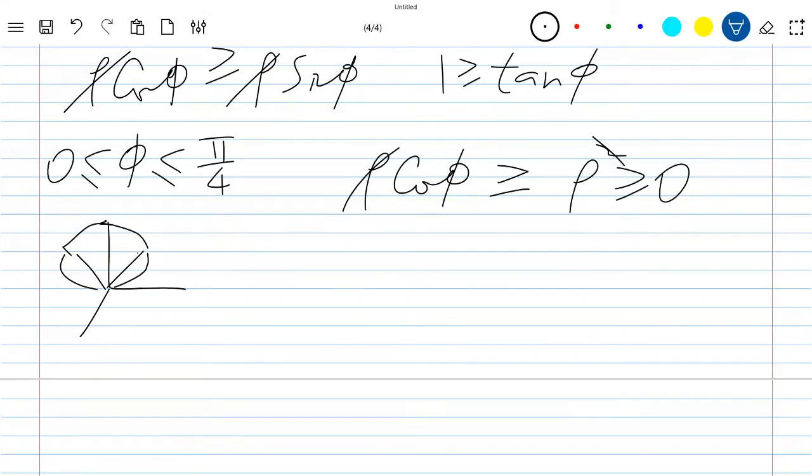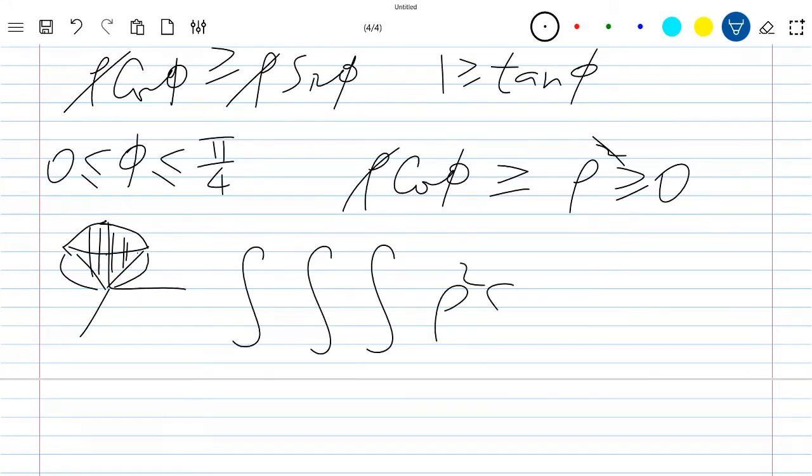Right, that's a circle. It's centered at 1/2. So it's this 3D thing. Okay, it's like a cone with a big top. So let's see, what is the volume? Oh, volume, just integrate that. And don't forget the rho squared sine phi.